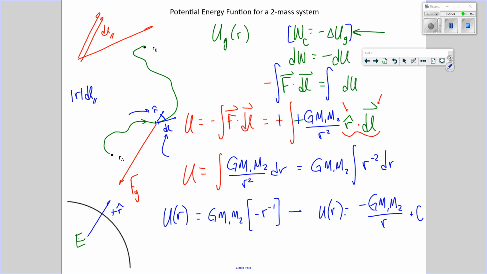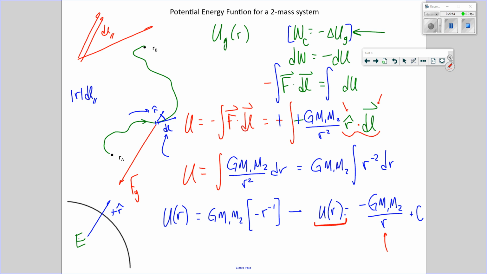And now with these, there's really no such thing as a definite amount of potential energy. That's not really important. What is important is differences in potential energy. What we have to do here is say, let's agree on something. Let's agree on the fact that when r, the separation between two objects, that's what r means, is super big, the system has 0 potential energy.